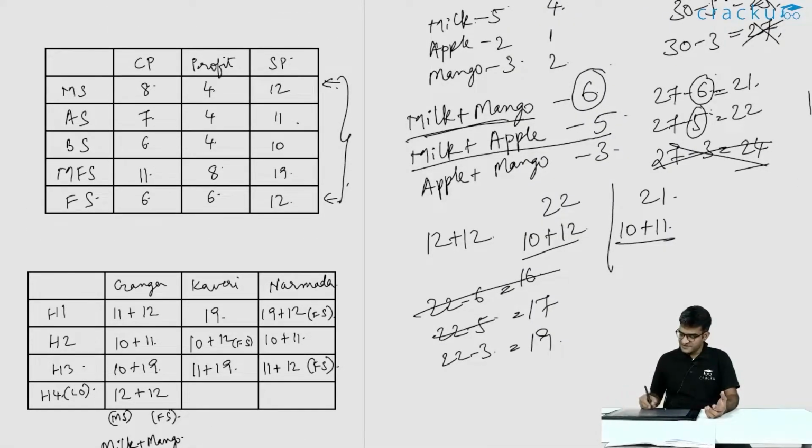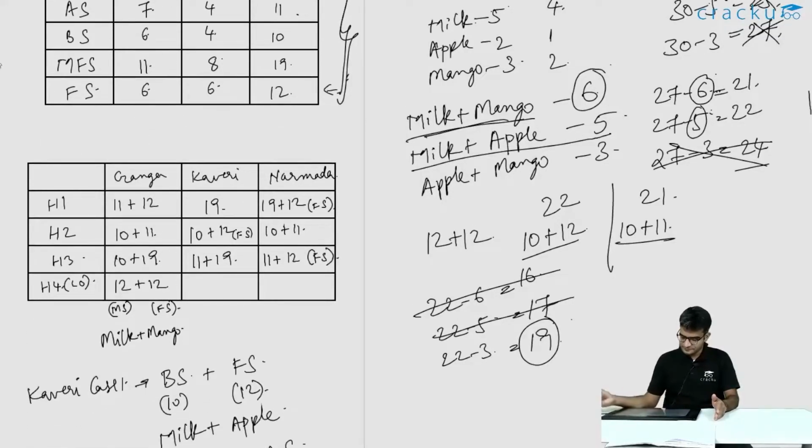Similarly, you can't express 17 as a sum of one or more numbers in the table, which indicates the prices of the finished products. This would imply that Narmada made 19 rupees by selling finished products and that 19 has to be the mixed fruit smoothie. This would imply that the money that she made by selling the leftover raw materials is 3. So the remaining raw materials are apple plus mango.